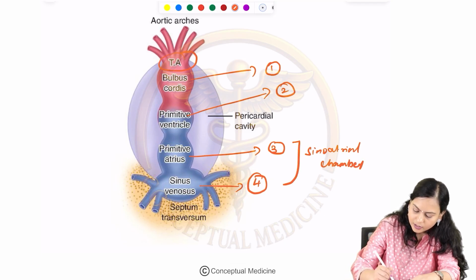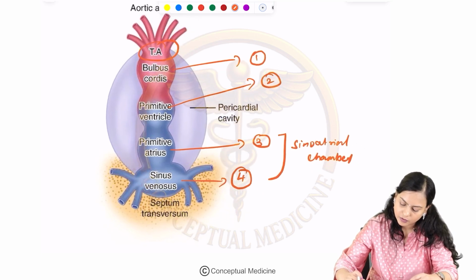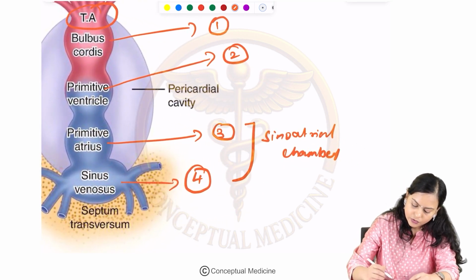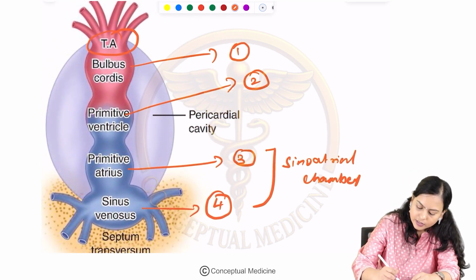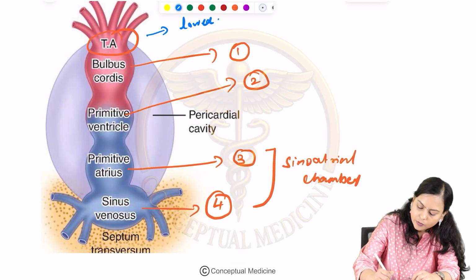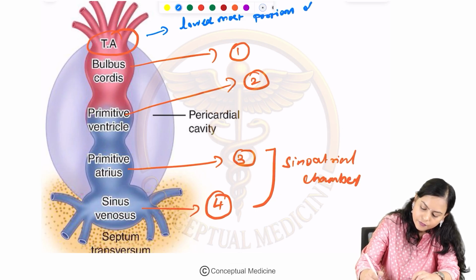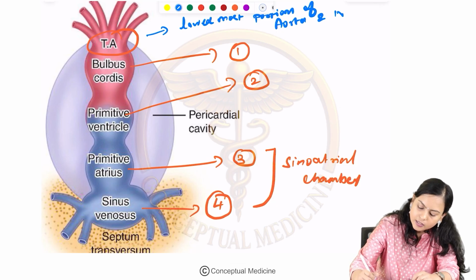We also have the truncus arteriosus. The truncus arteriosus basically forms the lowermost portions of the aorta and pulmonary trunk.